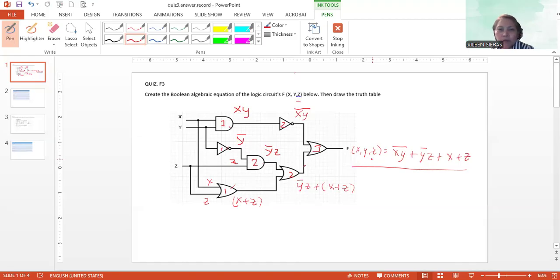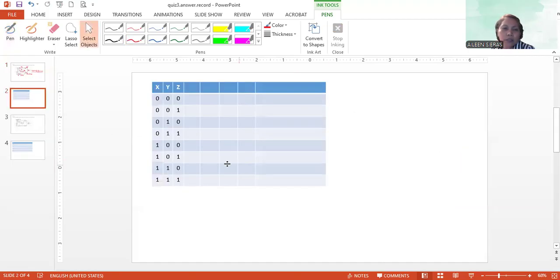Now, since we already have our algebraic equation, we will convert this into a truth table. So let's say this is our truth table. We will just write the equation so that we can get the truth table. So function of x, y, and z is equal to xy prime plus y bar z plus x plus z.